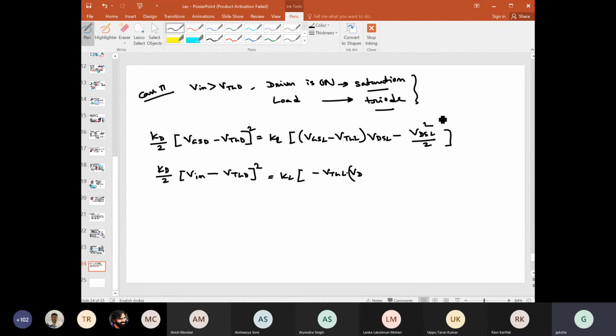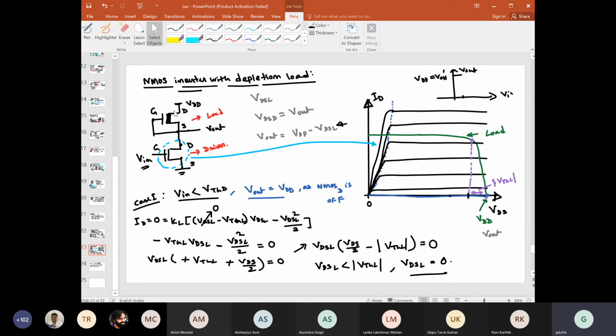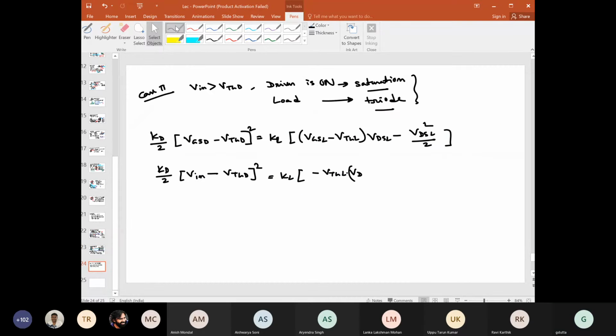VDSL is what? You can see from here, for this load, this is nothing but VDD minus Vout. So we can write this as (VDD minus Vout) minus (VDD minus Vout) squared by 2, right?